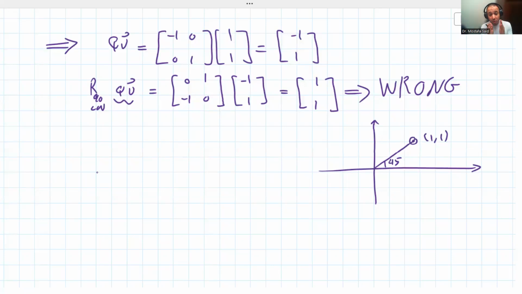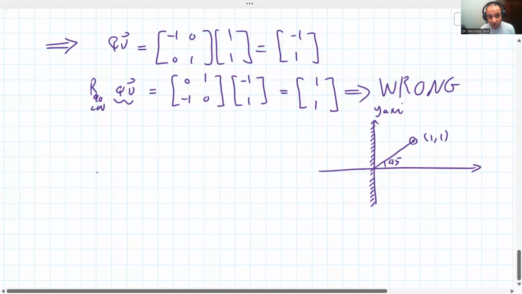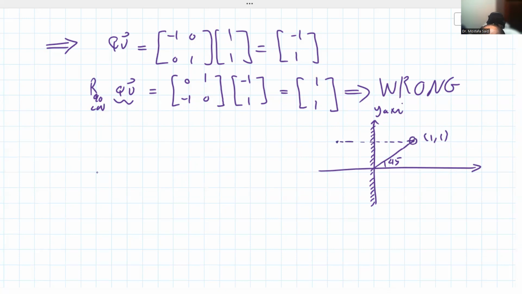When we multiply the Q matrix first, that means we reflect first about the y-axis. That's basically a mirror for us. The reflection gives you the same point on the other side, minus 1 and 1, just like QV here.